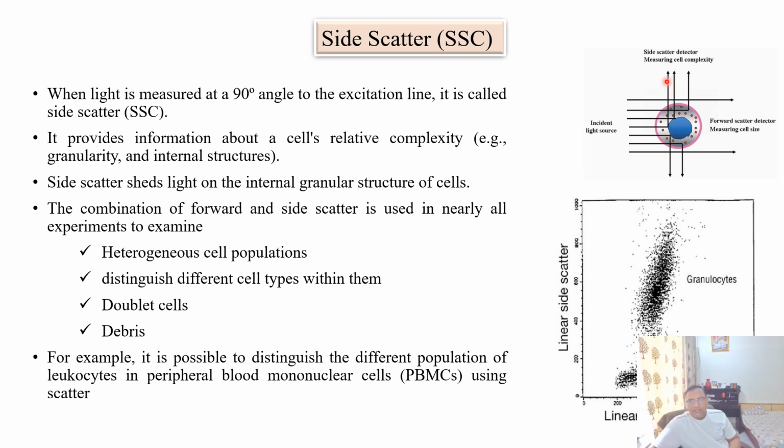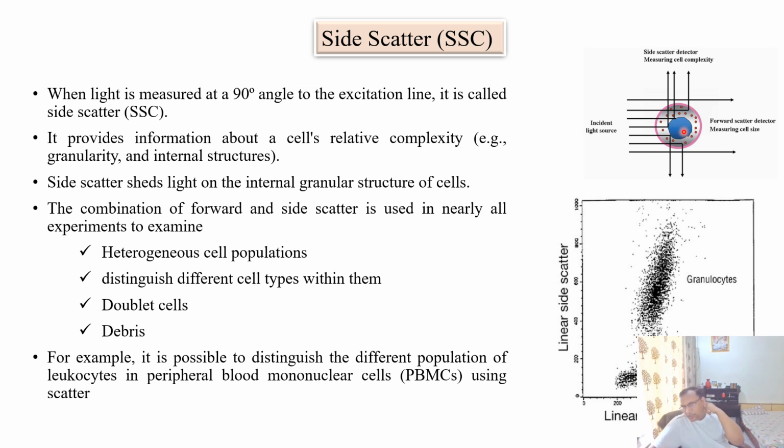That means the side scatter detector detects the granularity of the cells. For example, if the size of the nucleus is large in this cell, the side scatter will be more, meaning granularity is more. If it is less, the side scatter detected by the detector will be less, which means the cell is less complex and less granular.